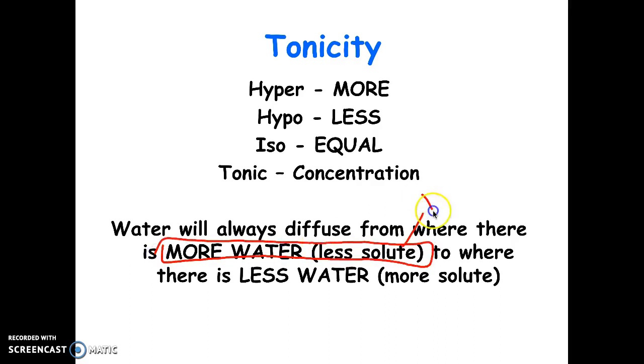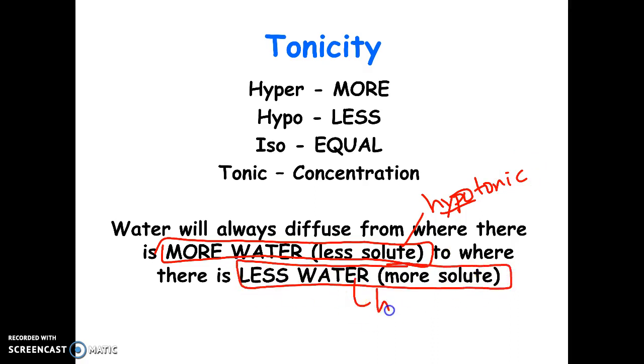In other words, this would be the hypotonic side, the less concentrated side. And the side with less water and more solute is the hypertonic side, because hyper means more and tonic means concentrated or more solute. In other words, water will always go to whichever side is hypertonic.